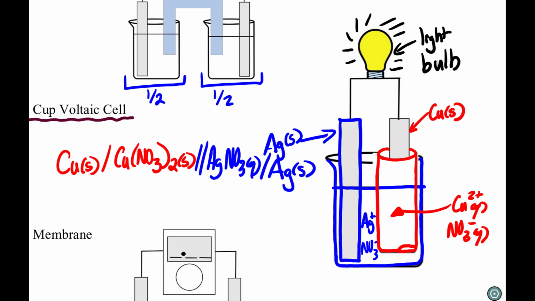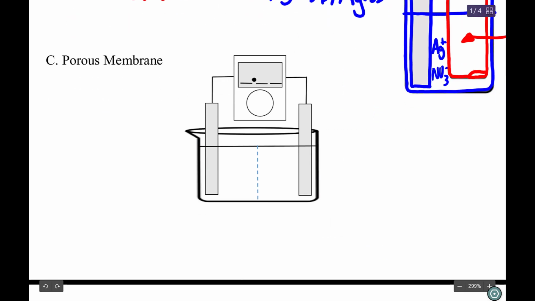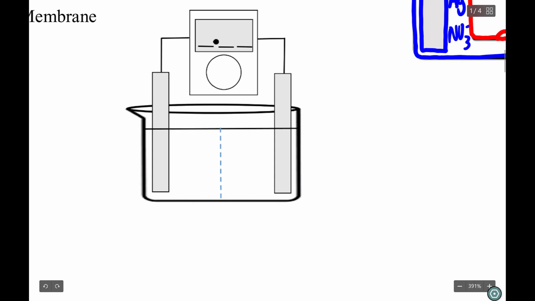We will do a question today where we use this same picture. The next one, and it's not the last one, but it's the last one I'm going to show you, is a porous membrane. Again, a porous membrane would allow the flow of some things in and out. Ideally, it would be ions, to allow for anion flow and cation flow. So I'm going to start with this.